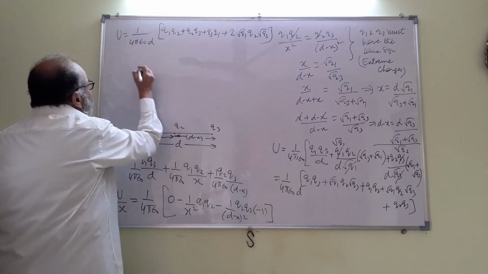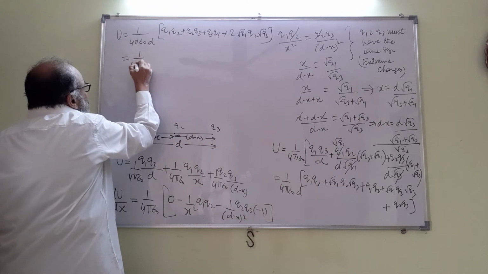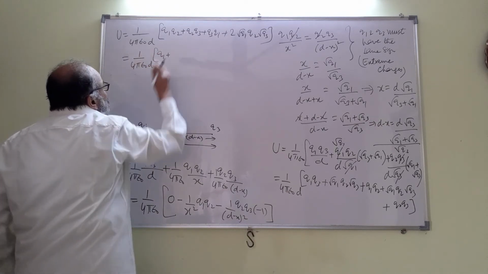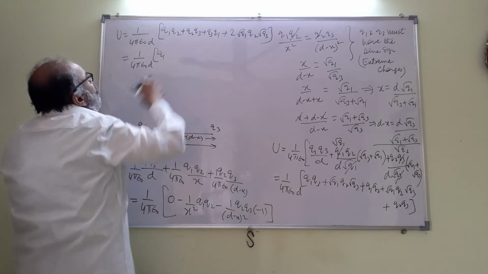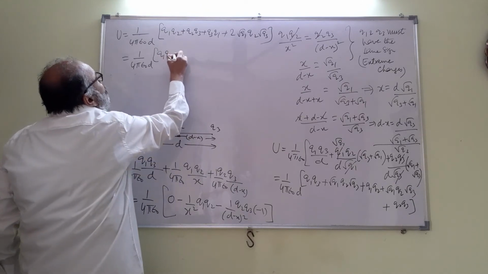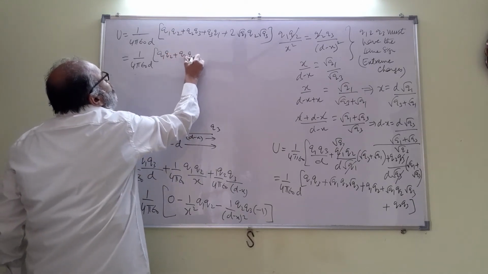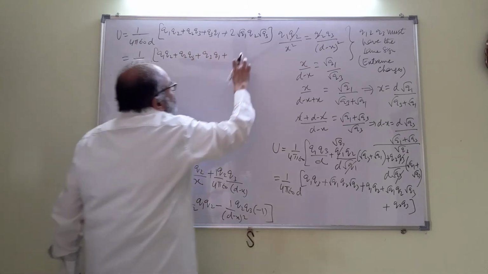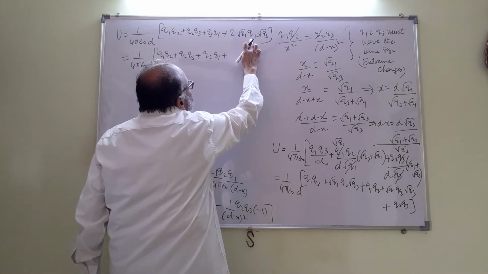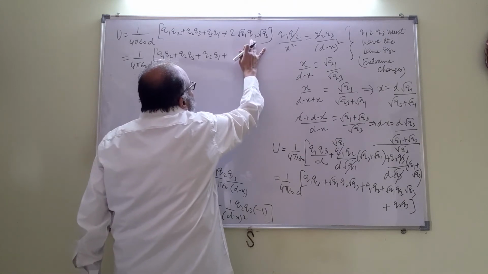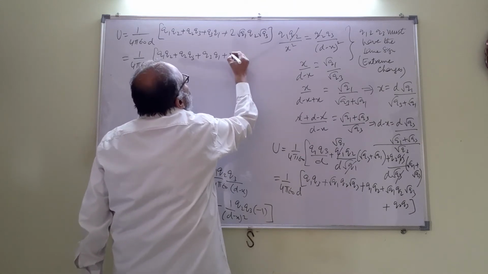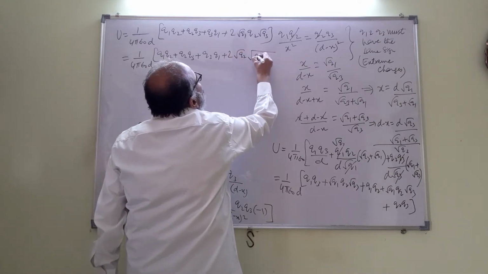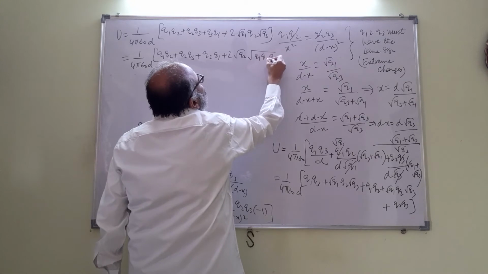Now you can write this in a slightly different way. This is 1 by 4 pi epsilon naught d into Q1 Q2 plus Q2 Q3 plus Q3 Q1 plus this term. We will remove this root. We will write Q2 as root Q into root Q. So you can write this as root Q2 into root Q1 Q2 Q3.